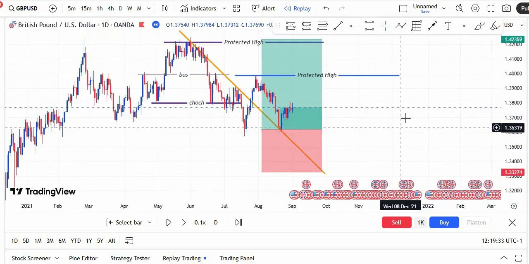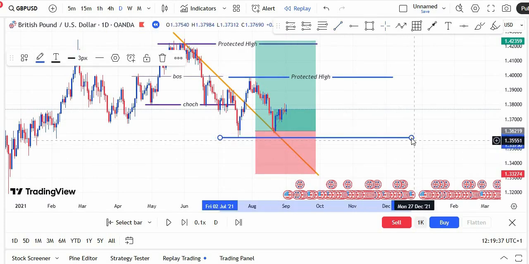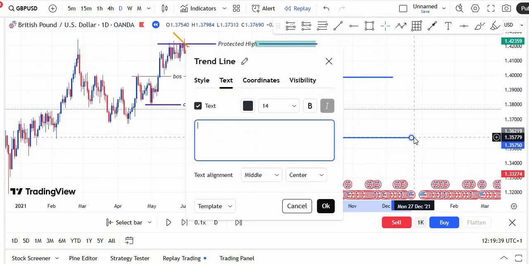Then our next protected low is going to be right here. Remember, we are using the weak protected.